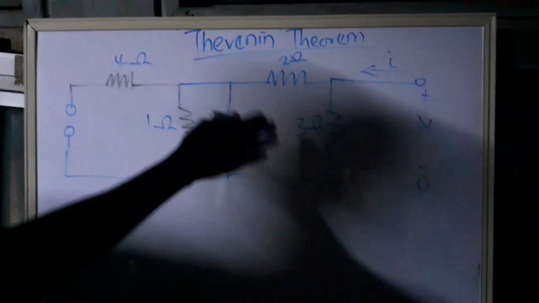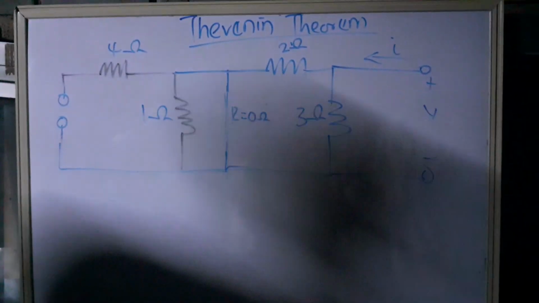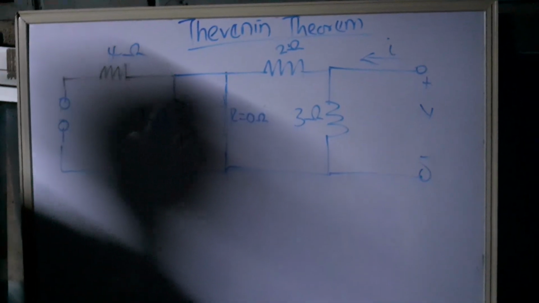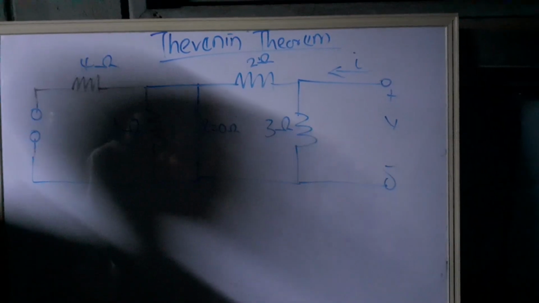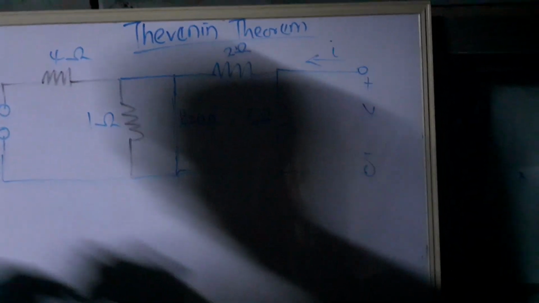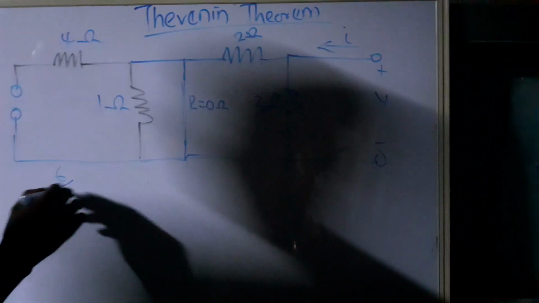So we are just leaving this part. So this and this will be 2 times 3/5, that's 6/5. They are parallel. So we have 6/5 ohms as our RTH.